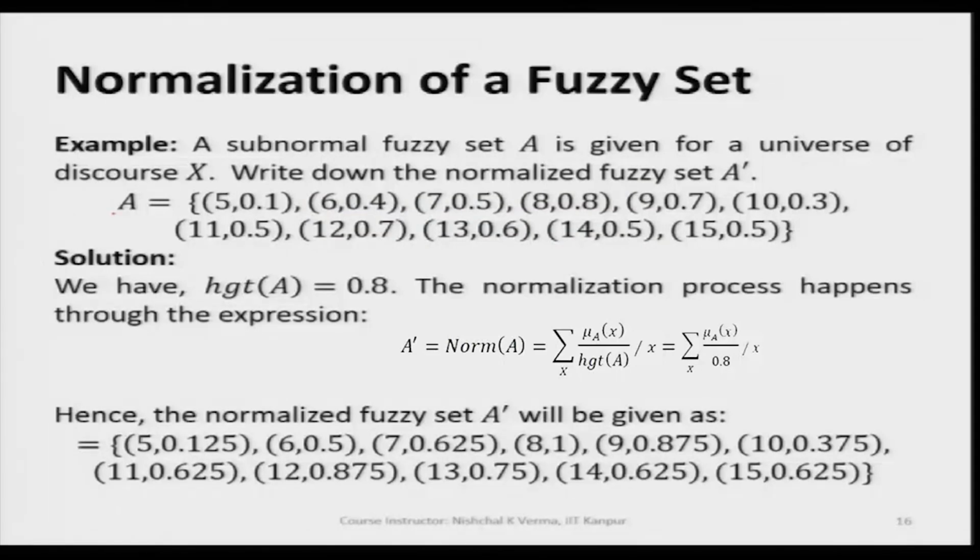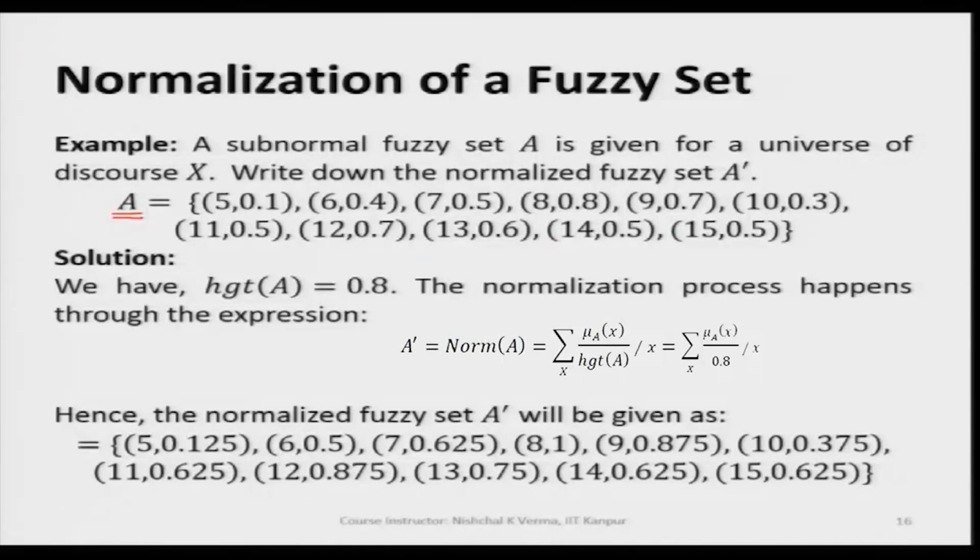We take a fuzzy set A which is a subnormal fuzzy set, and when we say subnormal, it means none of the elements present in this fuzzy set has its corresponding membership value 1. So, we can clearly see that this fuzzy set A is a subnormal fuzzy set.